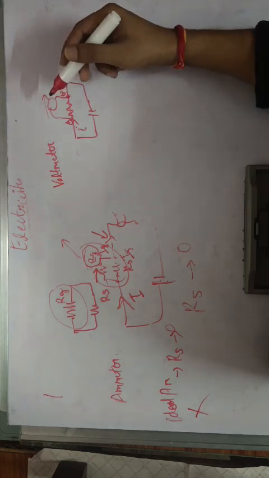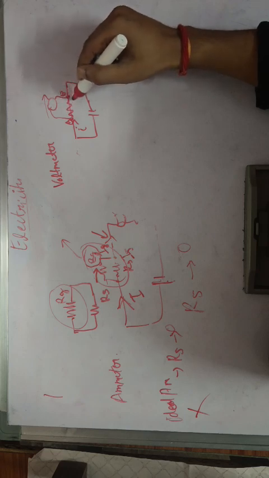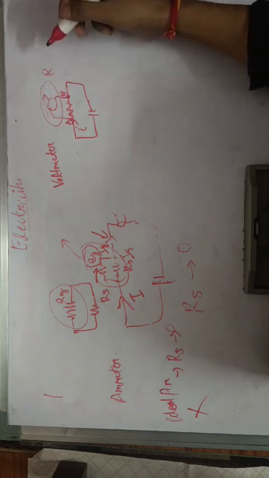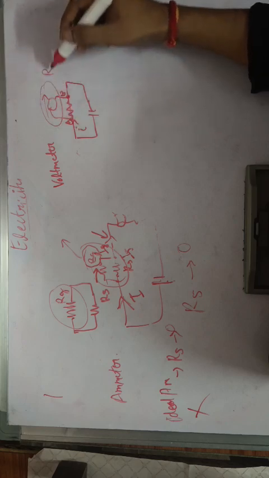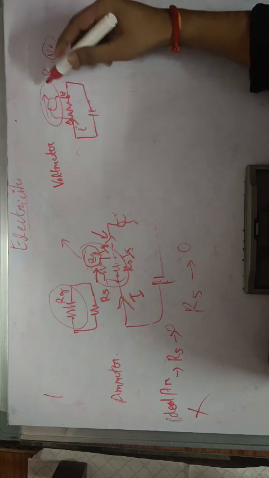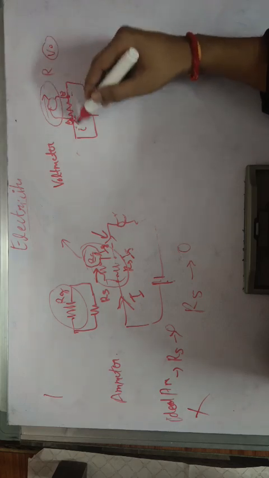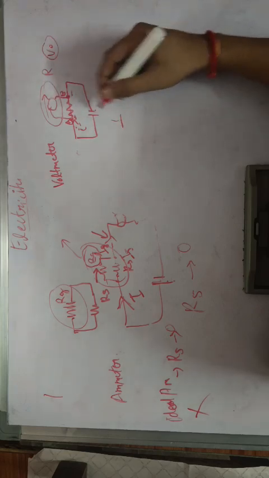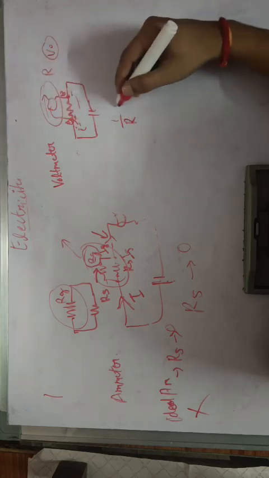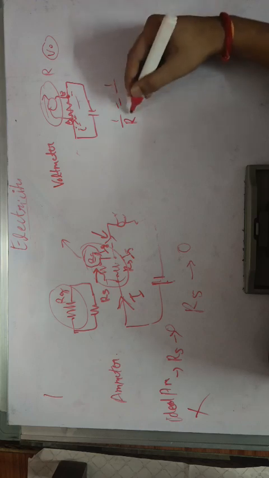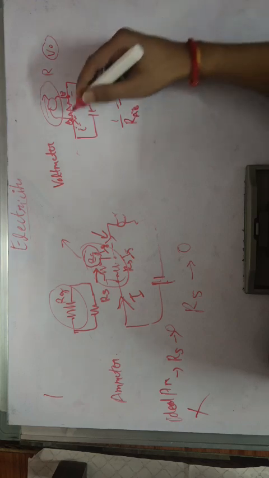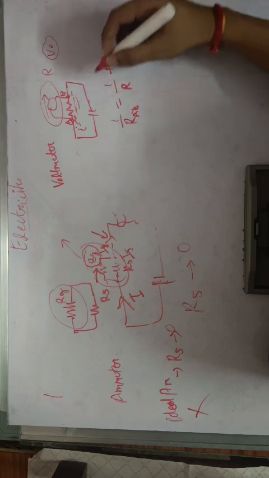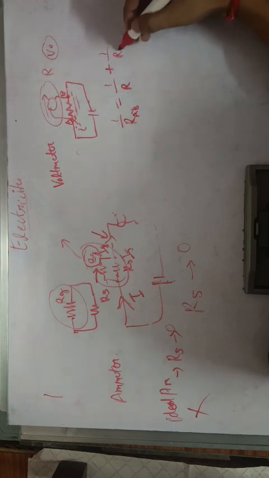And it is needed to make sure that the resistance of this voltmeter does not affect the resistance between A and B. We know that if it is added in parallel, then the total resistance of this combination is 1 upon RAB equal to 1 upon R, the resistance in the circuit, plus 1 upon RV, the resistance of the voltmeter.